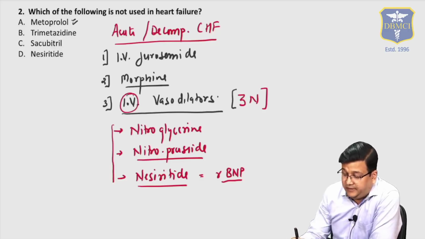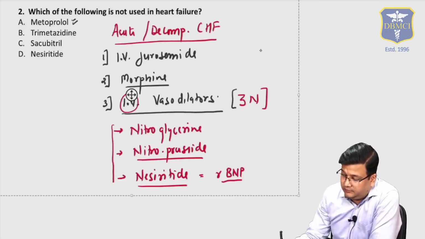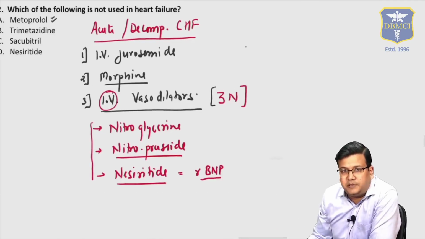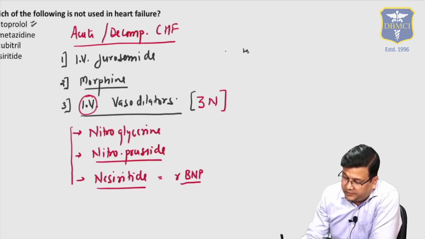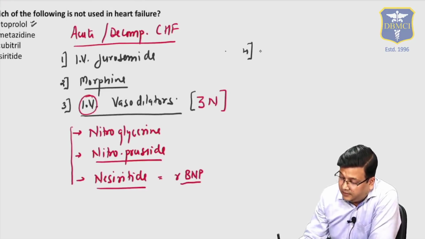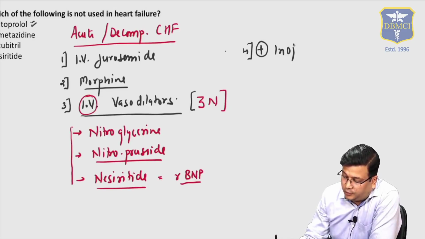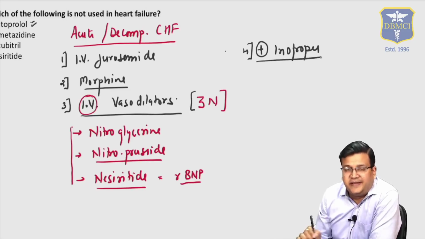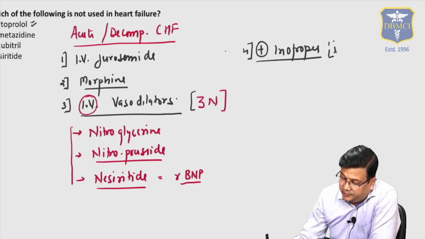Then if the patient is not benefited by this treatment so far, the fourth class of drugs to be used in acute CHF are the positive inotropes. Since we are looking at an acute condition, these are the inotropes which will be given intravenously.